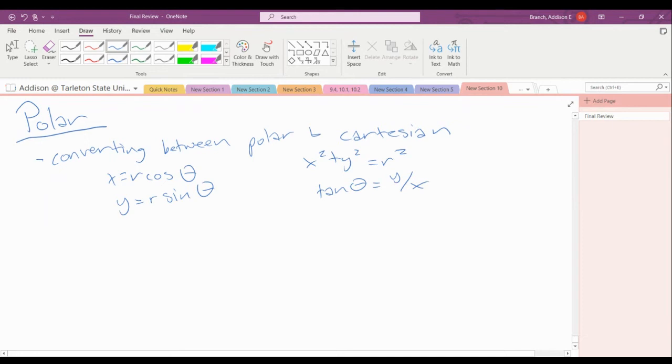And then now we have to deal with calculus with polar. So remember our first derivative, that is going to be equal to dy/d theta over dx/d theta. If worst comes to worst, you can use these and treat it like a parametric.